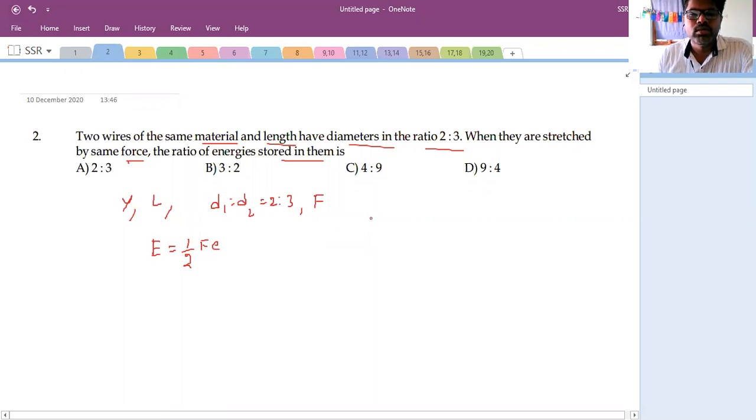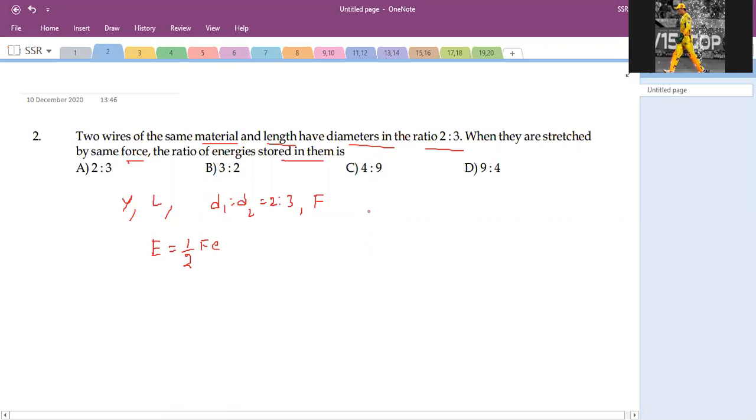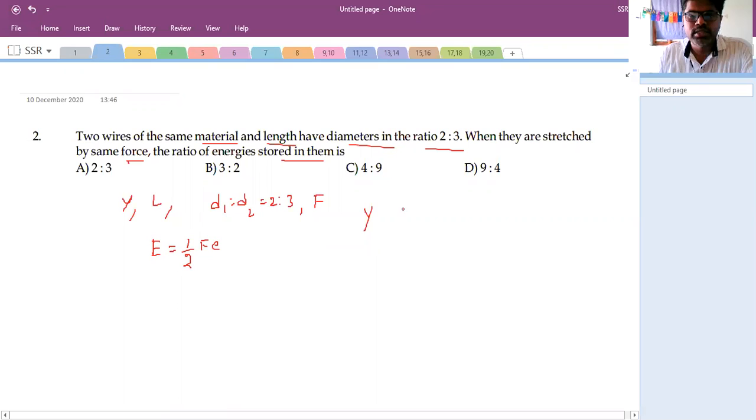Right. Now, first let us substitute Y is equal to stress F by A by elongation by L, that is F into L by A into e. Here elongation is not given. Stretching force is the same, that is given.